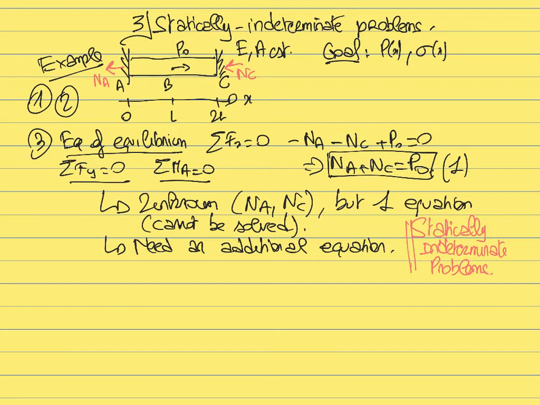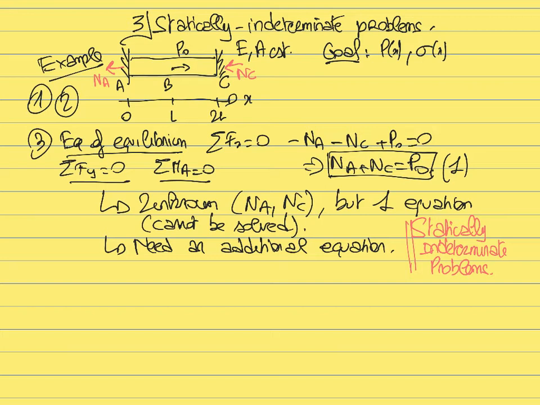This extra equation is going to come from the geometry. Whenever you are facing a statically indeterminate problem, and you find that you have more unknowns than equations given by the equations of equilibrium, then you need an additional equation, and this equation is always going to come from the geometry.